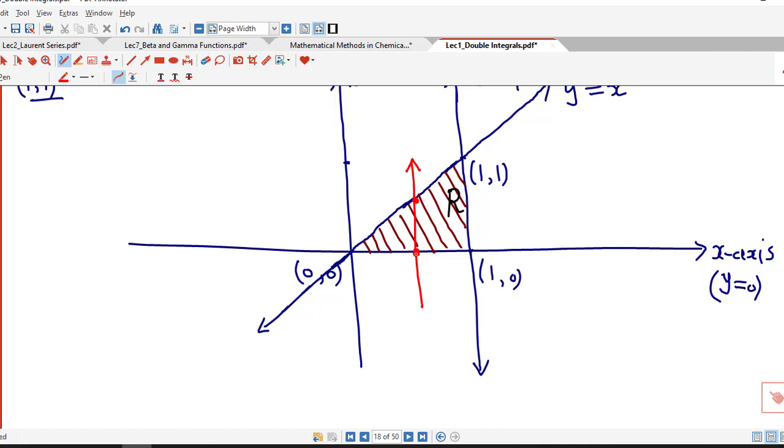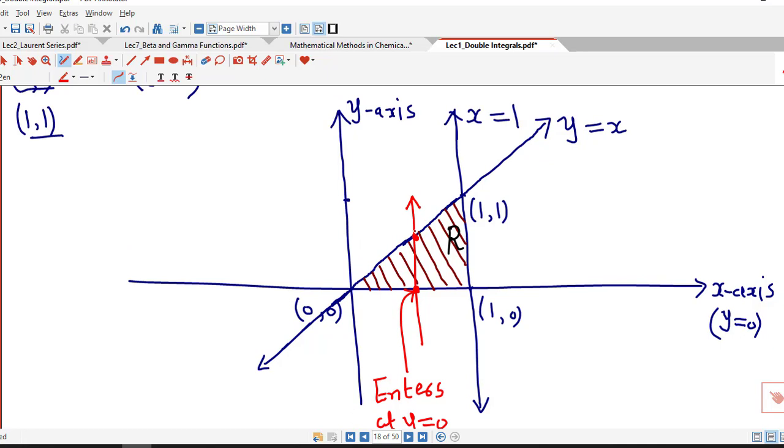The line enters the region of integration at this point, which is on the x-axis. So at this point the value of y is 0. We write that the line enters the region at y equal to 0, and the point where it leaves is on the line y equal to x. So at this point the value of y is x.